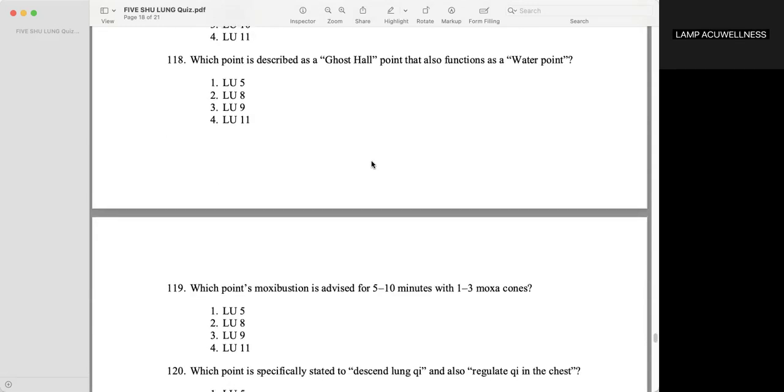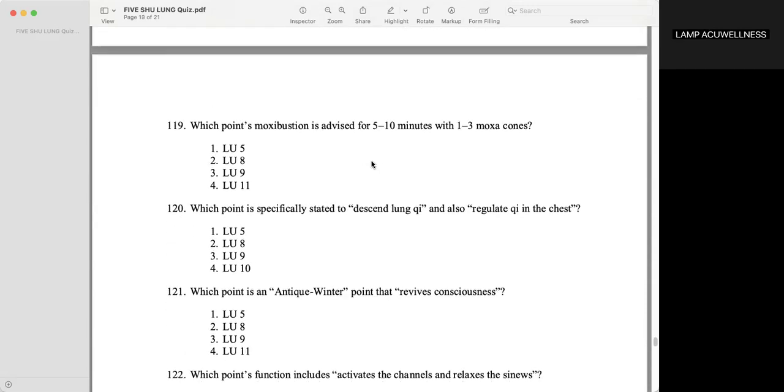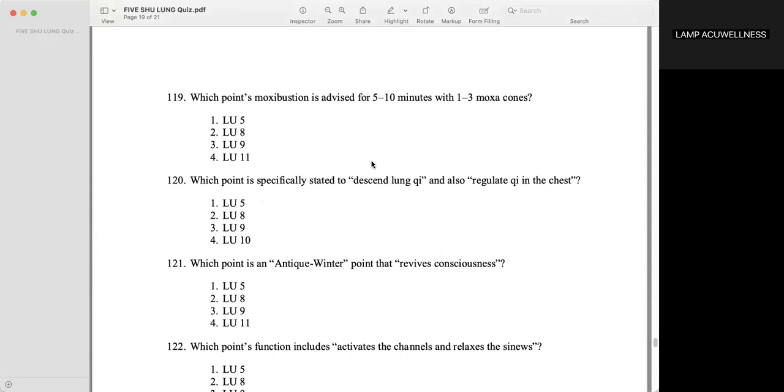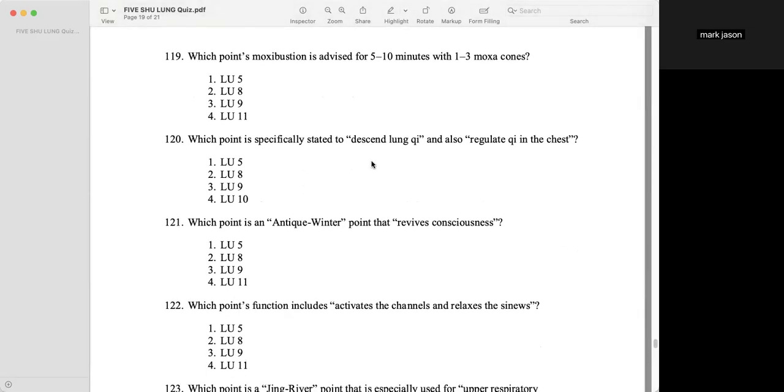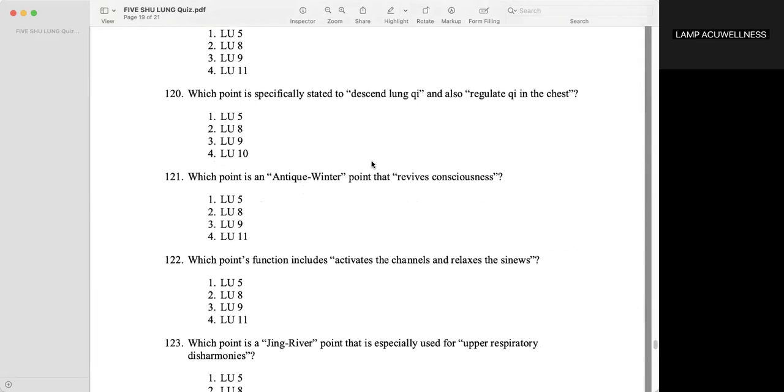Which point is described as a ghost hole point that also functions as a water point? Lung 5. Which point's moxibustion is advised for 5 to 10 minutes with 1 to 3 moxa cones? Lung 11.